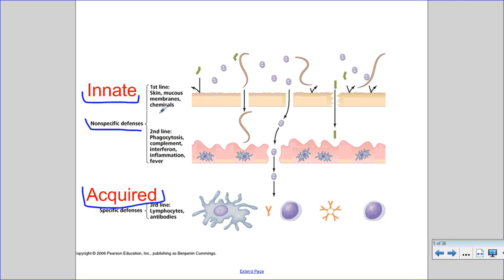The second line of defense in the innate system is phagocytosis, the use of inflammation, and fever. And then the acquired response is really specific defenses. So these are things geared specifically towards the invading pathogen. Of relevance to us will be the generation of antibodies. Those antibodies will be specifically made for that invading pathogen.